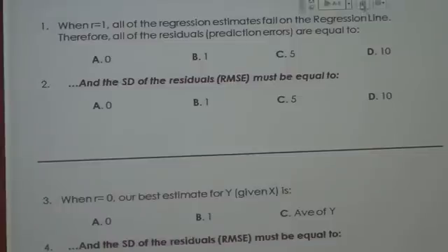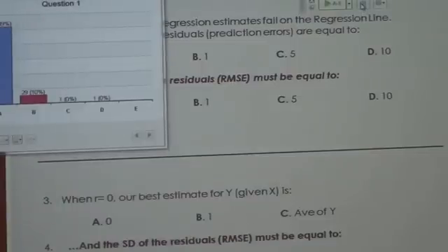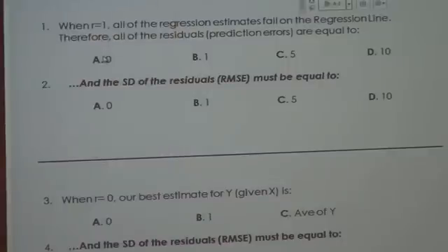All right, let's see what it looks like. And 0 was the right answer, correct. Okay, 0. Because it's perfect correlation, you have no error. We're doing the next one. All your errors are 0. So now you're on this one.